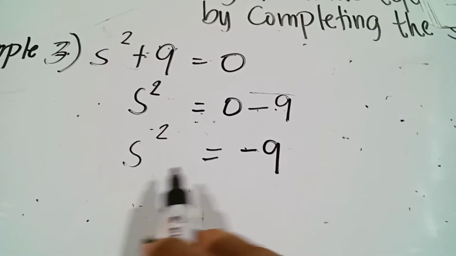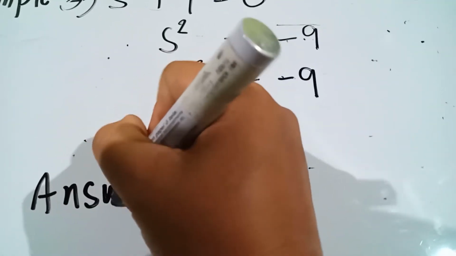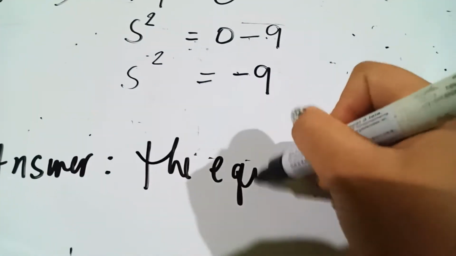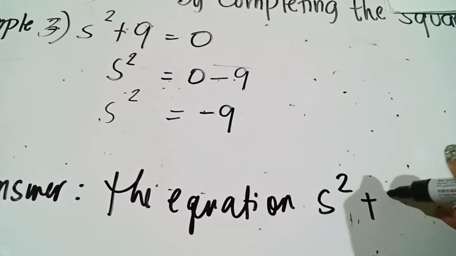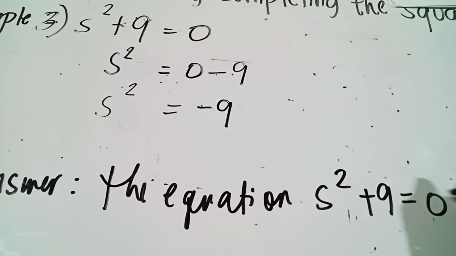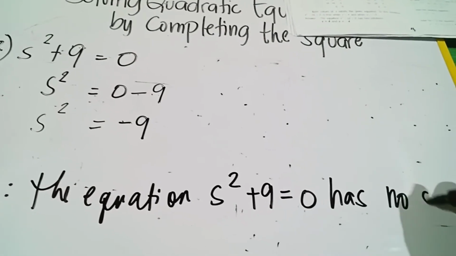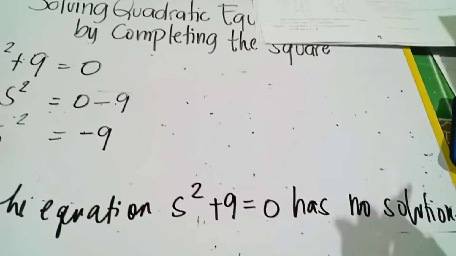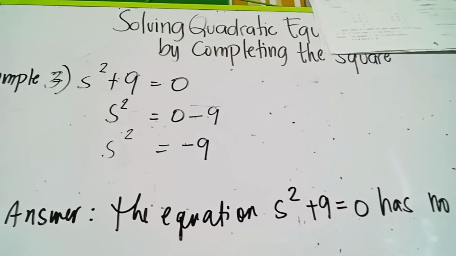Dahil less than 0 si negative 9, so our answer will be the equation s squared plus 9 is equal to 0 has what? Has no solution. Okay, has no solution. So, this will be the answer.